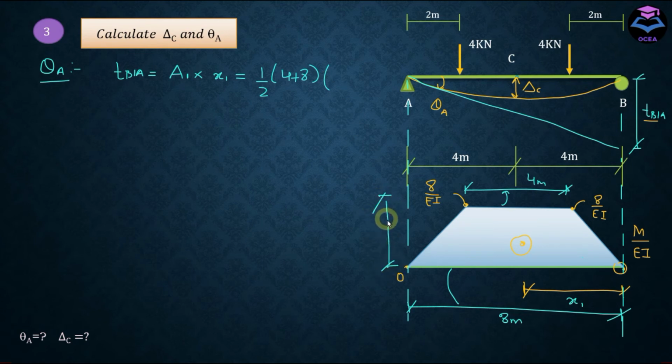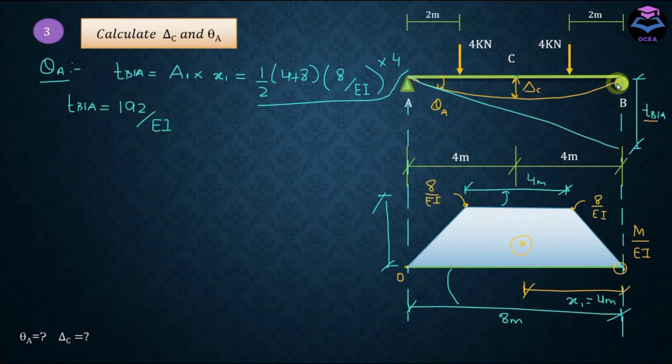So the altitude of the trapezoid is 8 over EI. And the moment arm for this trapezoid is equal to 4 meter, half of the beam. Multiply it by 4. So TBA, if you solve this, is coming out to be 192 over EI.